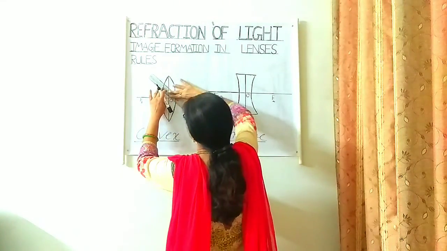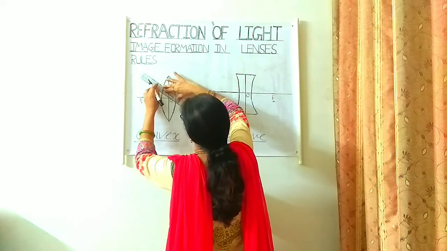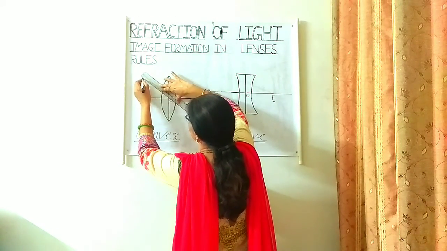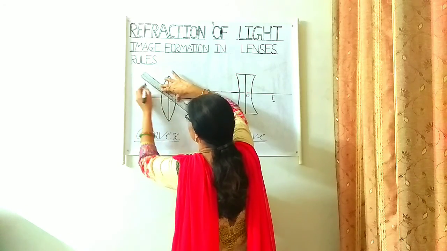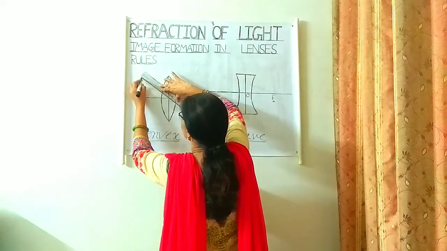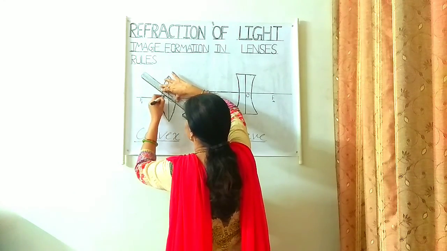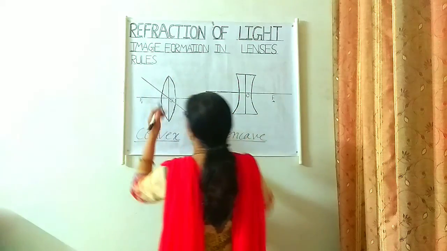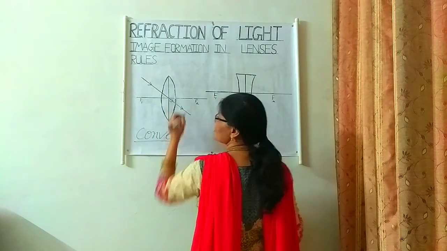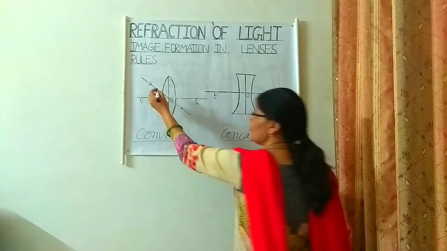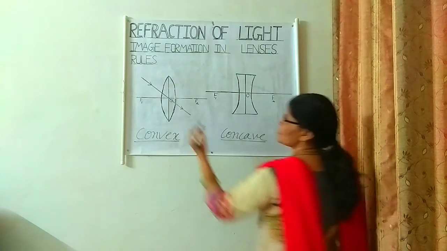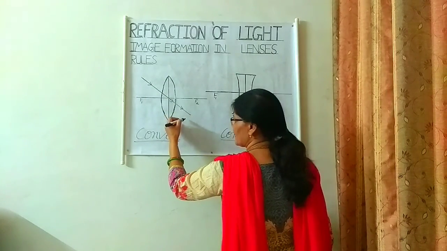So the arrow should be in one direction only because it will not get refracted. So we will put the arrow in only one direction.